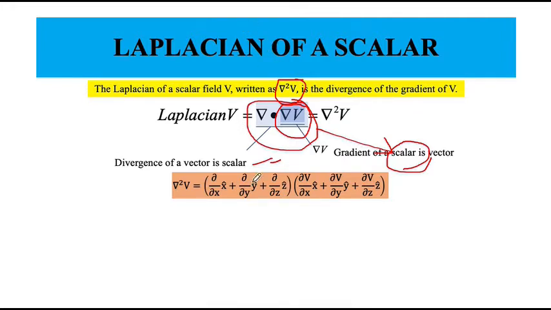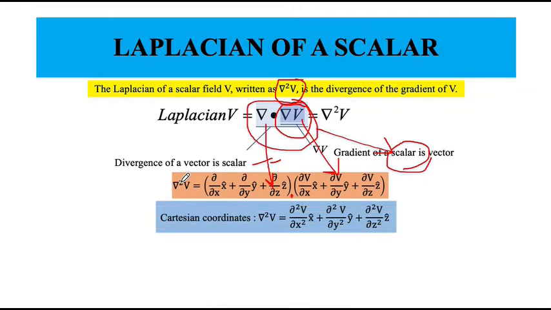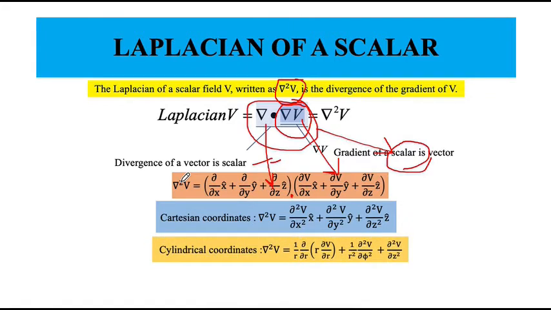Okay, so in Cartesian form, if I put in the values of del and the gradient of the scalar and then dot product them, I will get the expression in the Cartesian coordinate system for the Laplacian of a scalar. The Laplacian of a scalar field is another scalar field itself. Okay, the Laplacian of V in another coordinate system can be obtained by transformation.